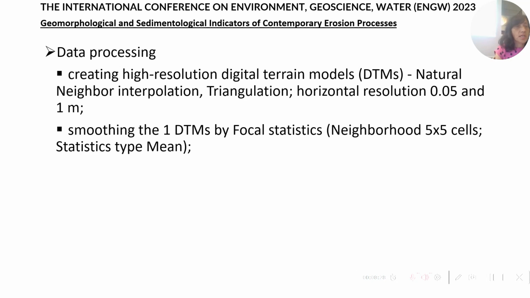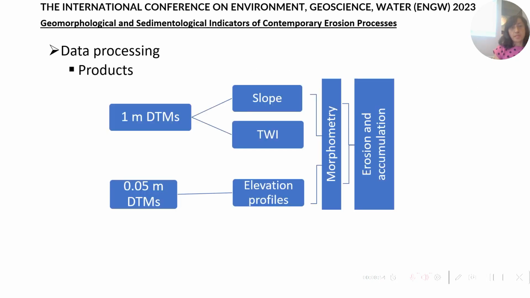Digital terrain models have been created in the ArcGIS Pro environment using the natural neighbor interpolation, triangulation method. We created two digital terrain models in different resolution, one of 5 centimeters and one with 1 meter resolution. These models were used for different purposes for creating different products.